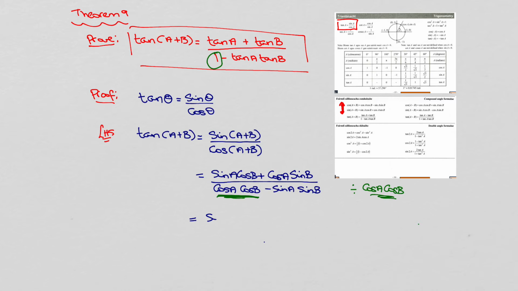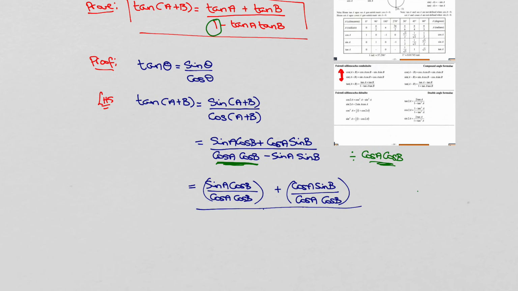So that's now going to become sine A cos B all over cos A cos B plus cos A sine B over cos A cos B, divided by cos A cos B over cos A cos B minus sine A sine B over cos A cos B.